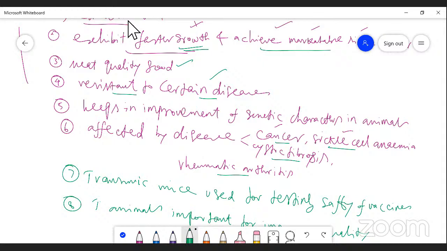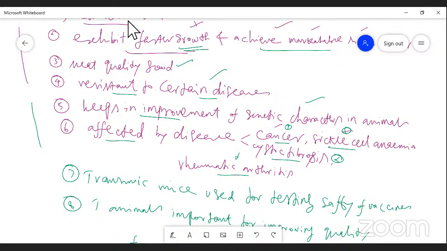Transgenic animals help in improvement of genetic characters in animals. Many are affected by certain diseases: cancer, sickle cell anemia, cystic fibrosis, and also rheumatic arthritis. Transgenic animals like mice are used for testing vaccine safety.